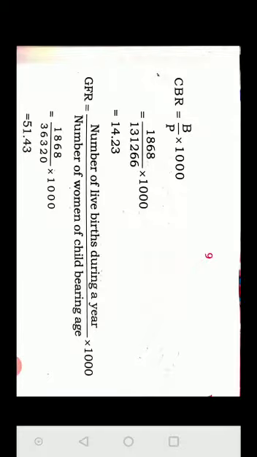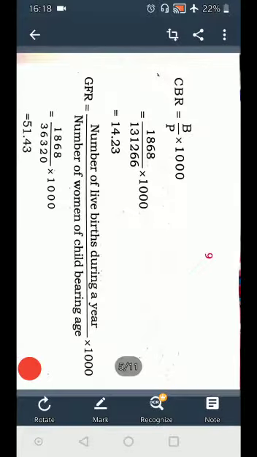But for GFR, the number of women of childbearing age will change. Please remember, you're only taking the values of the female population between 15 to 49 years. And after you substitute all these values, you'll get the final answer 51.43.